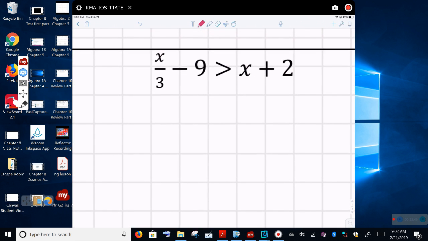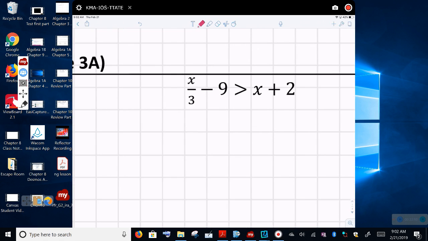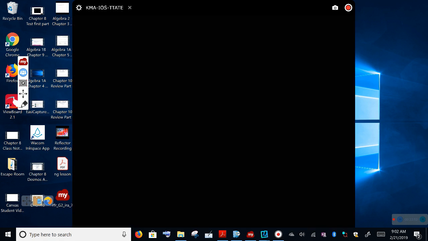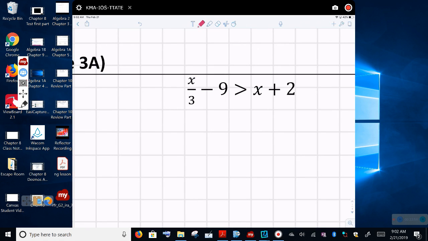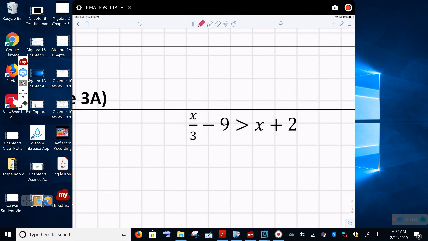Do you guys not like this problem? Does it look easy? What's the thing that maybe you don't like about this problem? The fraction. So let me show you guys a tip to get rid of fractions. If we were solving a problem, say it was x over 3 equals 8, we would want to get rid of the fraction. How would we get rid of that fraction?